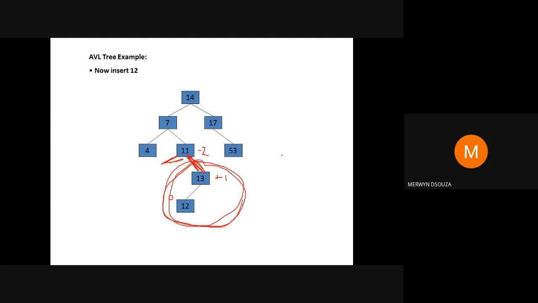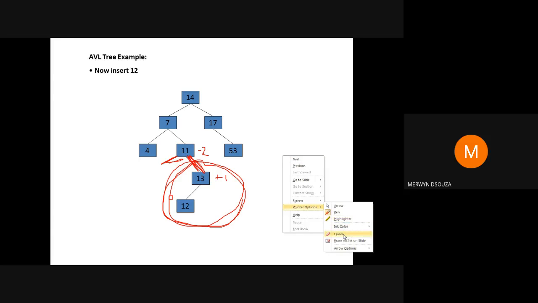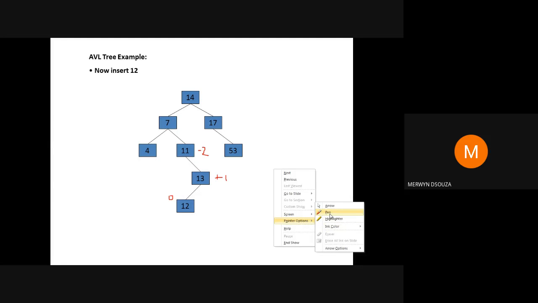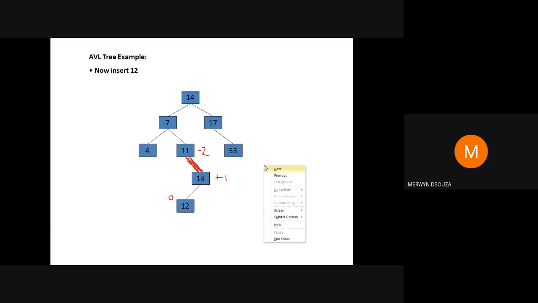Everything is connected on the right of 11. This is the right branch of 11. Whatever is connected is on the right branch. Maybe it is the left of 13, but it is on the right of 11.